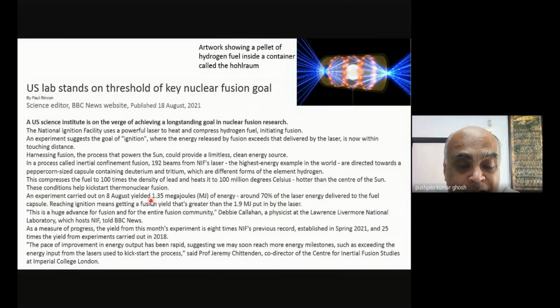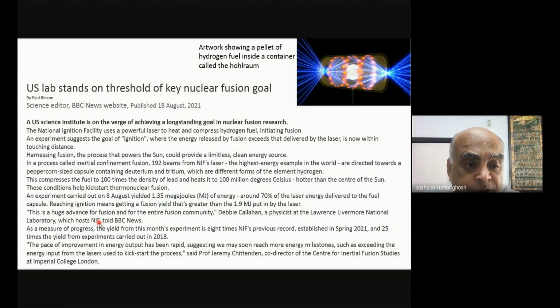In other words, you can imagine something like 1.9 megajoules of energy was focused on a tiny pellet, and out of that they were able to extract 1.35 megajoules because of fusion. Reaching ignition means getting a fusion yield that's greater than the 1.9 megajoules put in by the laser.